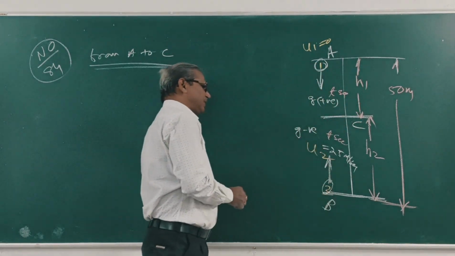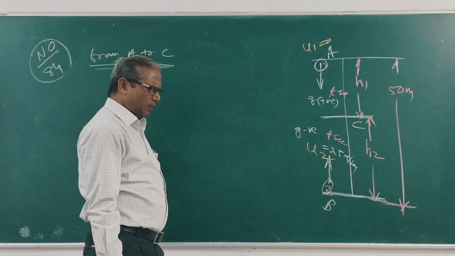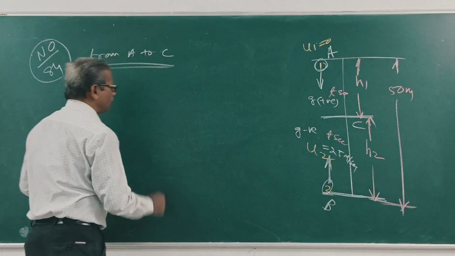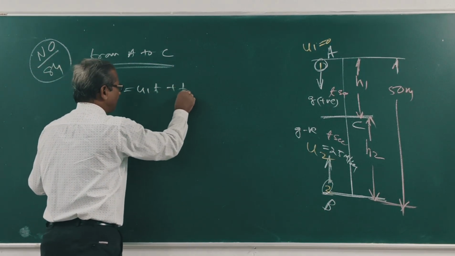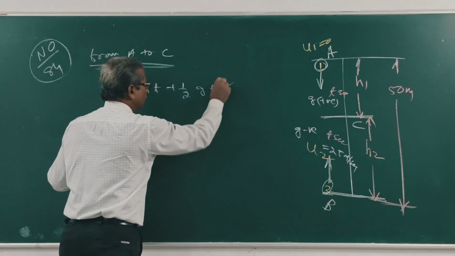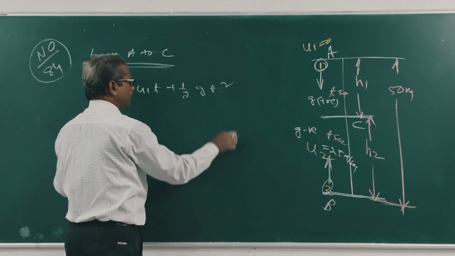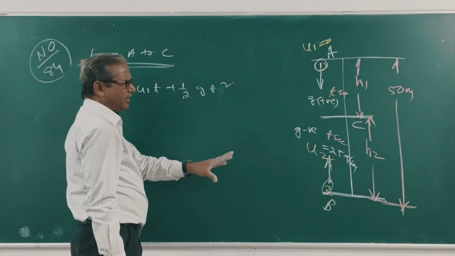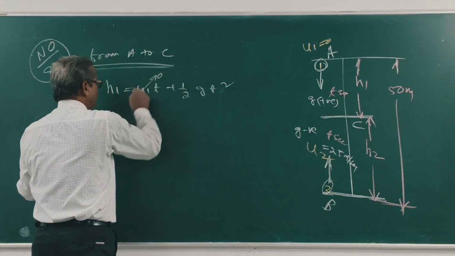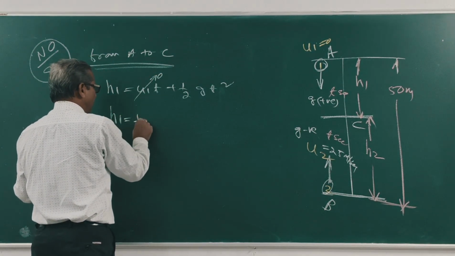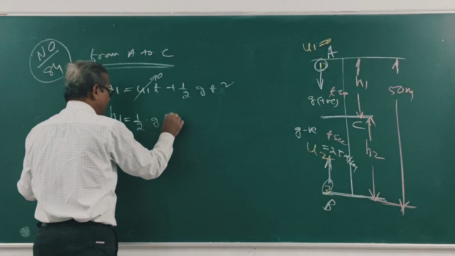From B to C, G is negative. So from A to C, what is H1 equal to? U1 T plus half G T square. For both, T is the same. U1 is 0, so H1 is equal to half G T square.